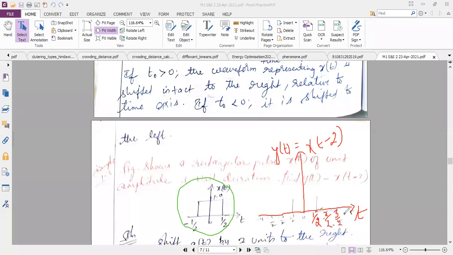If the time is a fraction in the question, maintain everything in fractions so that you understand the shift easily. So minus 1 by 2, minus 2 by 2 on the negative x-axis, minus 3 by 2, and minus 4 by 2. So now I know I have to shift by 2 times.